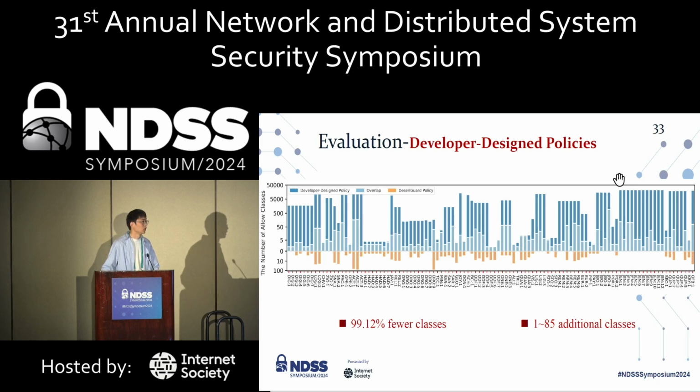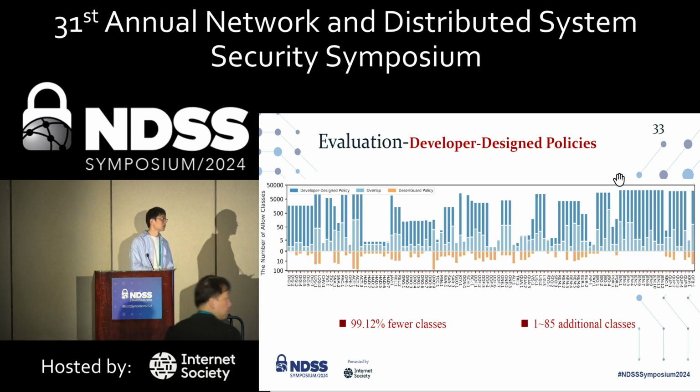For example, developers may use ObjectInputFilter to set policy for Java, or use XStream's addPermission to set policies for XStream libraries. So we use these keywords to search, and then we pay extensive attention to validating the projects and collecting the policies. Okay, so keyword search and then manual filtering.